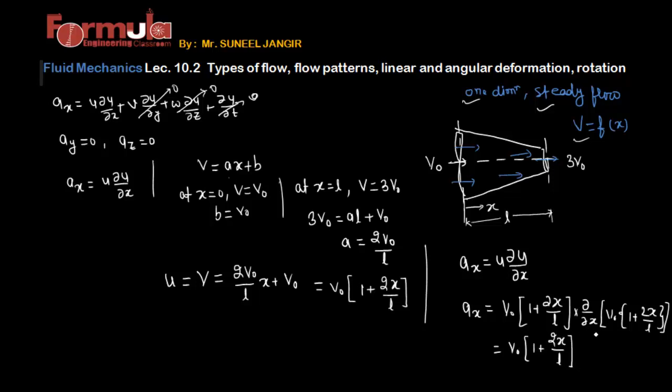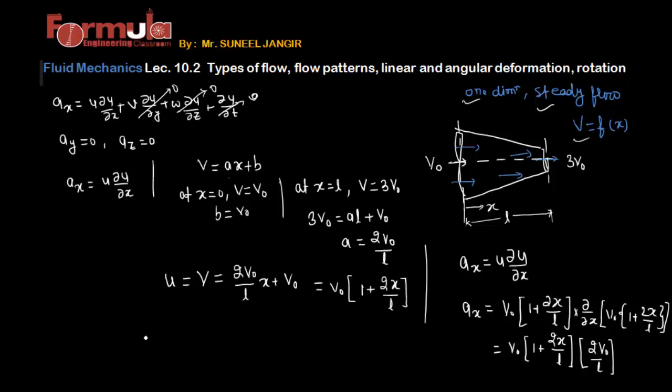Now differentiating this, V naught is a constant and we are differentiating with respect to x, so the constant term gives 0, and differentiating the second term with respect to x we only get 2 by L. So by differentiating we get 2 V naught by L here.